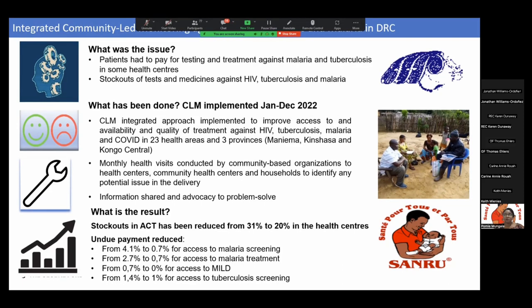And we also added COVID-19 and other aspects of health. So we harmonized the different modules, harmonized the tools, and we work on the monitoring of the 3 diseases. So it's the community itself that plays a role in the monitoring of health issues at the community health level.